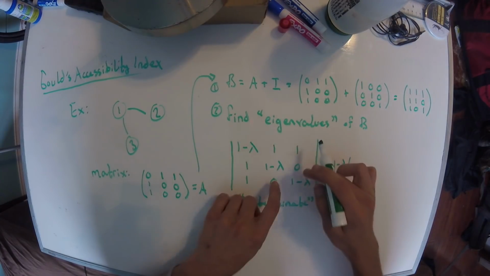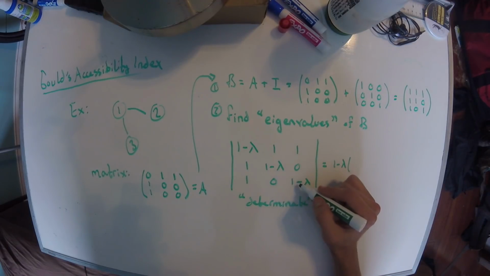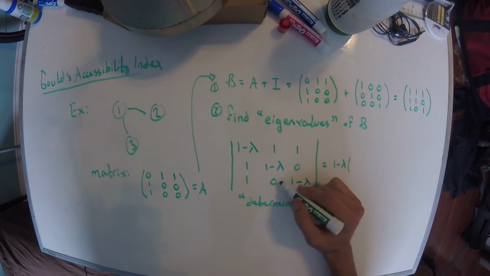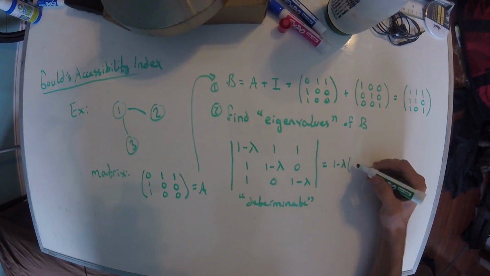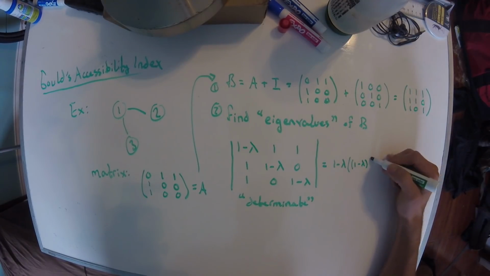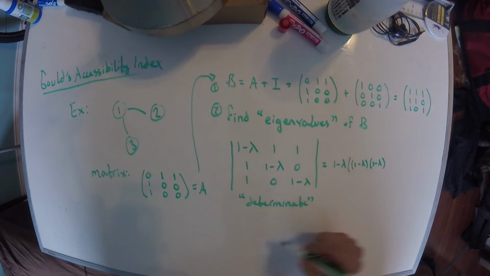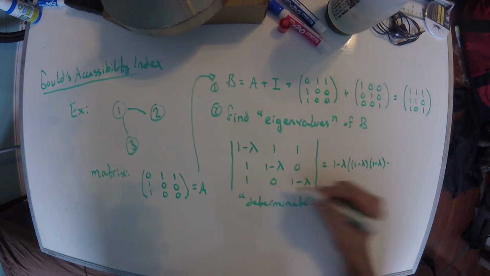So we're jumping from here to here, and we're going to multiply it by the product of these two things minus the product of these two things. So we'll do times 1 minus lambda times 1 minus lambda, this times this, minus 0 times 0.